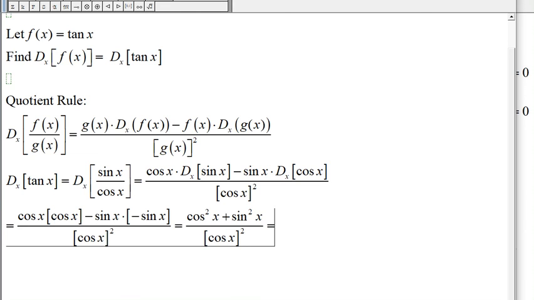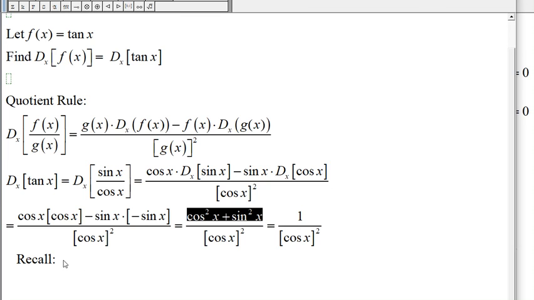And recall from trigonometry that cosine squared of x plus sine squared of x is 1. So let's put that down. So from trigonometry we have this identity, cosine squared plus sine squared is 1.